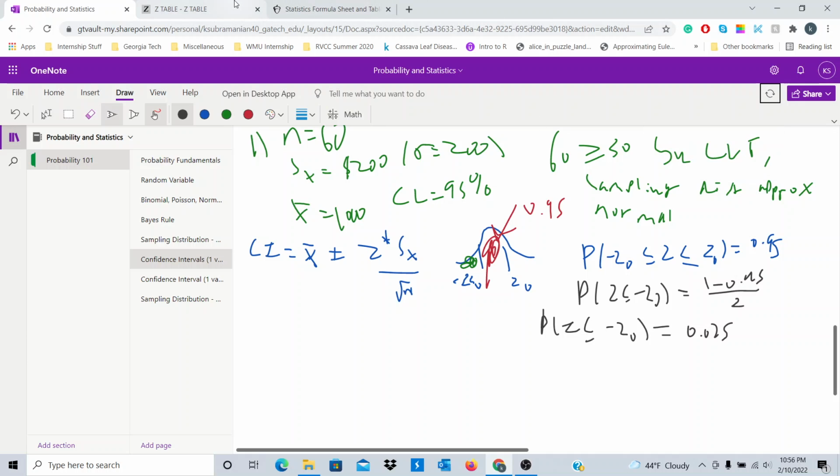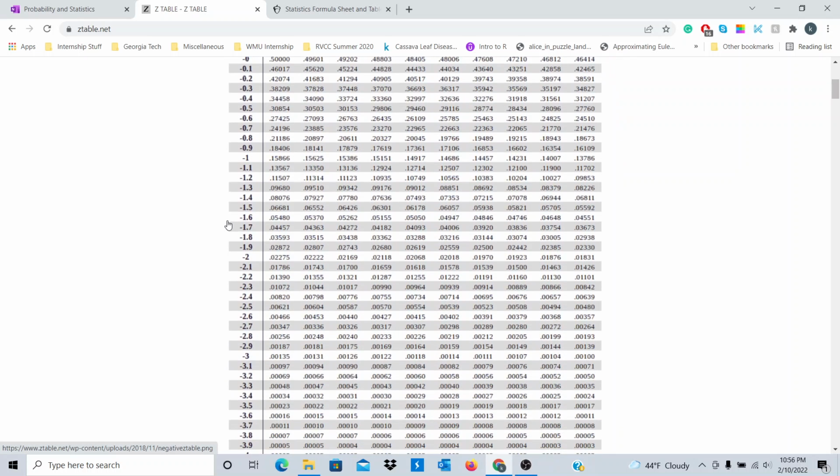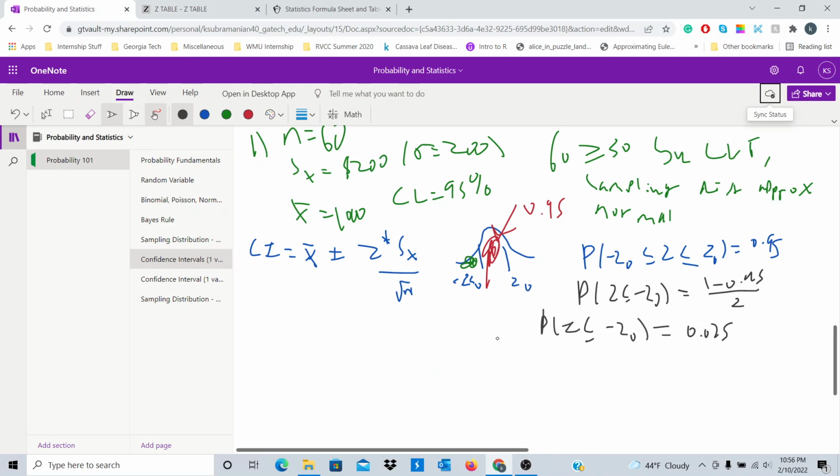So let's take a look at our z table. I'm going to look for the z-score corresponding to the fact that this area right here in gray on your left is 0.025. When we scroll down a bit, we will see that 0.025 happens at the z-score of negative 1.96. So z naught is going to be equal to 1.96. So we have our confidence interval ingredients. We have our z star.